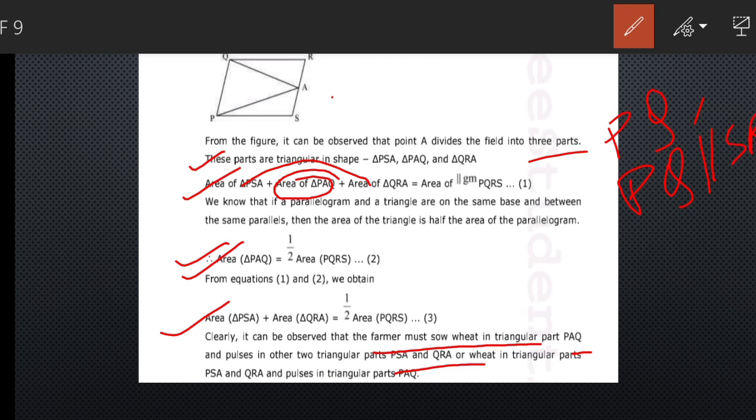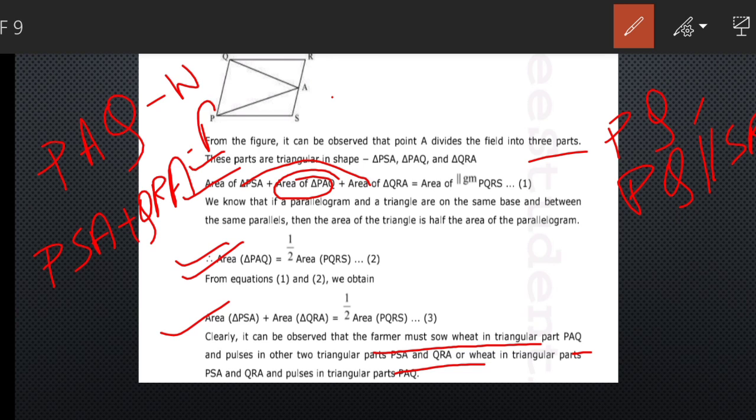That means in PAQ the farmer must sow wheat, and in PSA and QRA the farmer must sow pulses. If not, then pulses and wheat can interchange places. That means in the area PQA, the farmer can sow pulses, and in these two triangular areas PSA and QRA, the farmer must sow wheat.